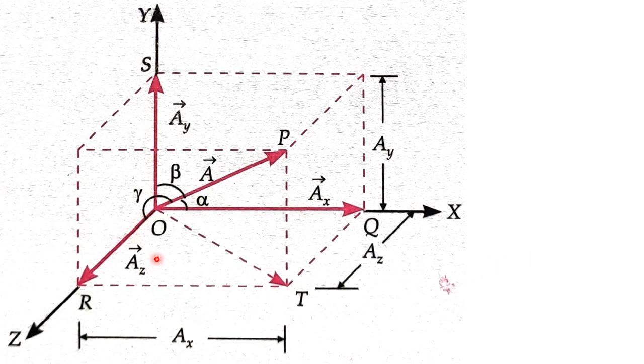Now, in 3 dimensions, suppose this is your x-axis, your y-axis, and your z-axis. This is your resultant vector A. Your resultant vector A is making angle alpha with your x-axis or your AX vector, angle beta with your y-axis or AY vector, and angle gamma with your AZ vector.